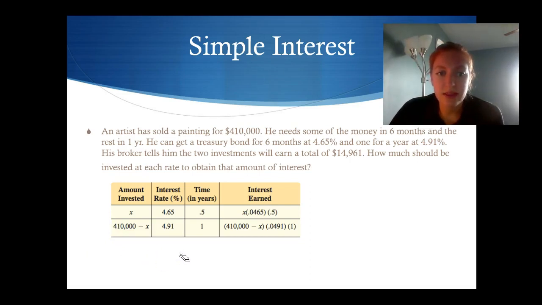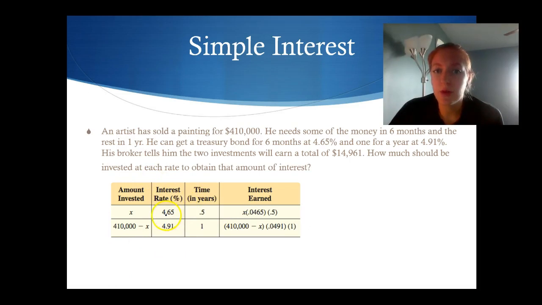Now, the other thing to keep in mind is what they did is they separated and they said, okay, let me make the first account the interest rate 4.65 and the second account 4.91. It doesn't matter which one you place these. They could have been switched. It's okay, just as long as you're consistent.